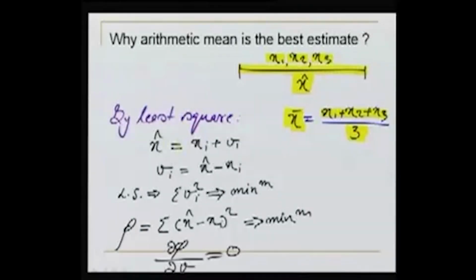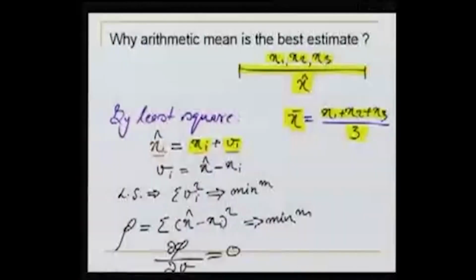Well, in the case of the least square, as we always write, we can write xi hat is xi plus vi. Here xi is the observation, vi is the residual. So if we apply the residual on the observation, we get the corresponding estimate.